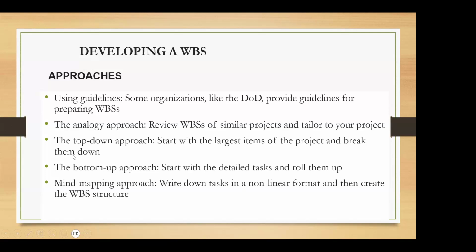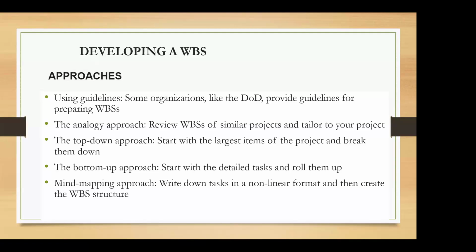Then you have the top-down approach, right? The top-down approach is where you start with the largest item of the project, and then you try to break it down into smaller subcomponents. This is the most popular method, especially when you don't have much experience with a certain kind of project.